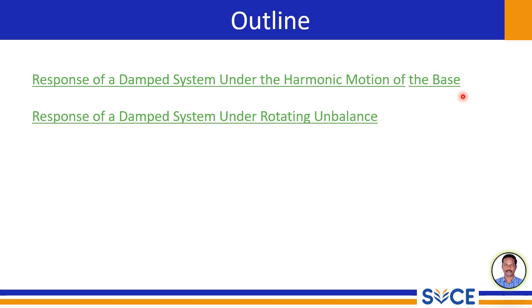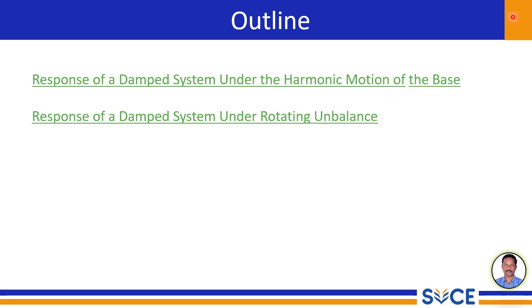We will explore how the damping in the system affects the amplitude and phase of the mass vibration in relation to the base motion. We will also derive equations and examine the key parameters that govern this behavior.